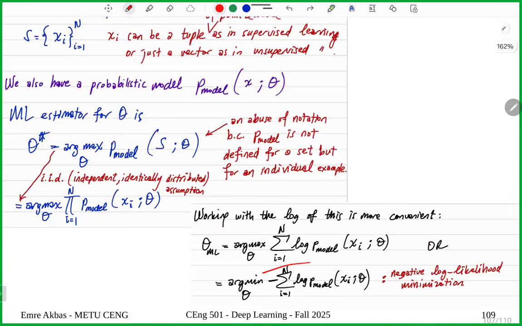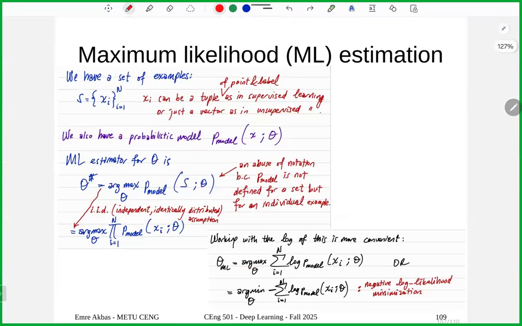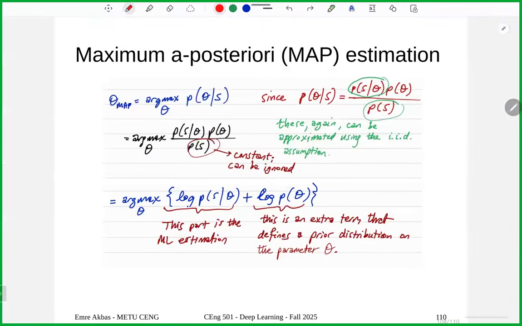If you take this a few more steps, for example for a multi-class classification data set, you will arrive at cross-entropy loss. So cross-entropy loss is actually doing maximum likelihood estimation.